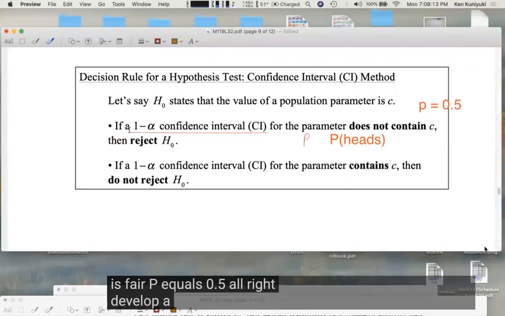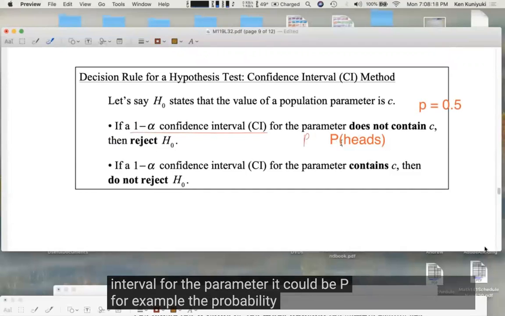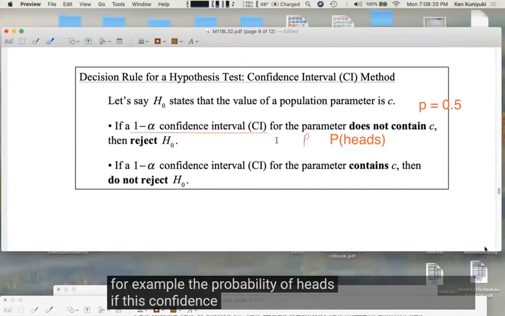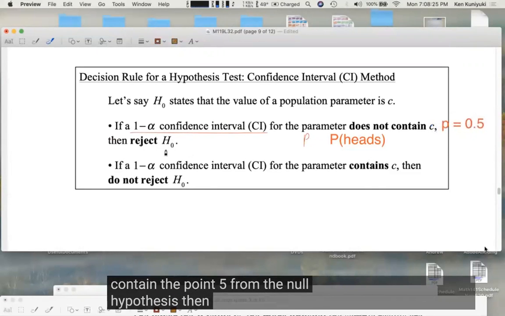All right, develop a 1 minus alpha confidence interval for the parameter. It could be P, for example, the probability of heads. If this confidence interval does not contain the 0.5 from the null hypothesis, then we reject the null.